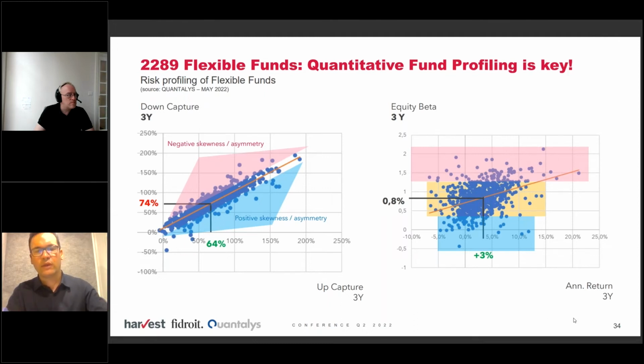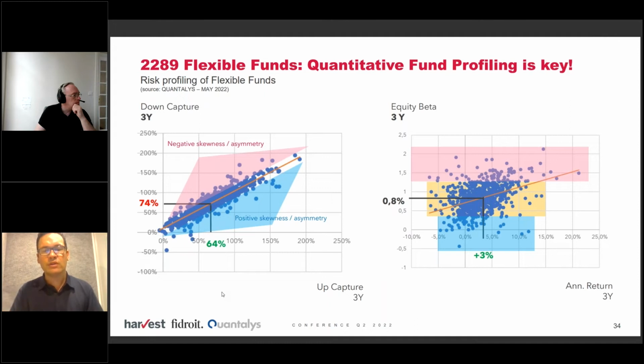The fund profiling on the left is the ability to analyze the up capture over the last 3 years and the down capture. Up capture means the percentage of the return captured by the flexible fund when the markets are up, are increasing. And the down capture is when the markets are decreasing.